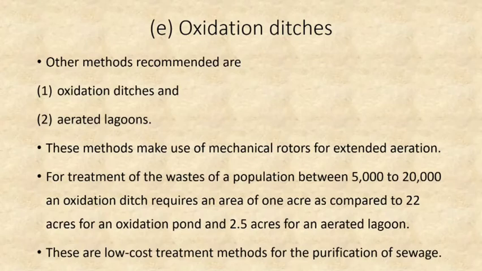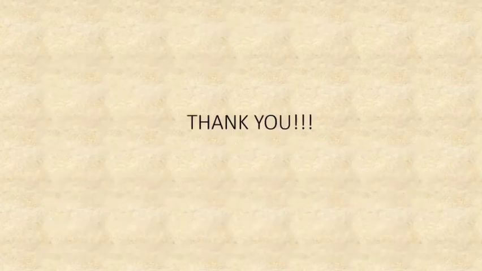An oxidation ditch requires an area of 1 acre as compared to 20 acres for an oxidation pond and 2.5 acres for aerated lagoons. So in oxidation ditches, we require a small area as compared to other methods. So these are low cost treatment methods for purification of sewage. So here we completed the sewage treatment, or the complete excreta disposal process.